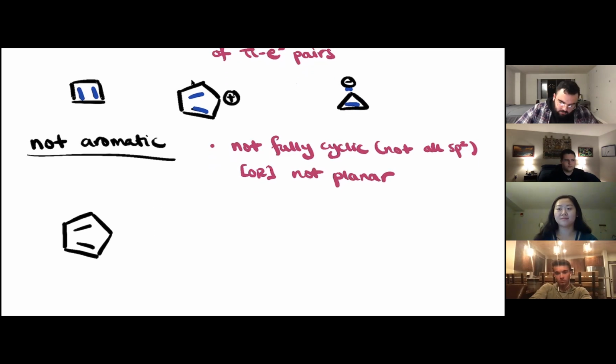What we see is that this carbon over here is actually sp3, meaning that you cannot cycle your electrons all around. So because it's not fully cyclic and technically not planar anymore, this is considered to be not aromatic. Okay. Another example.